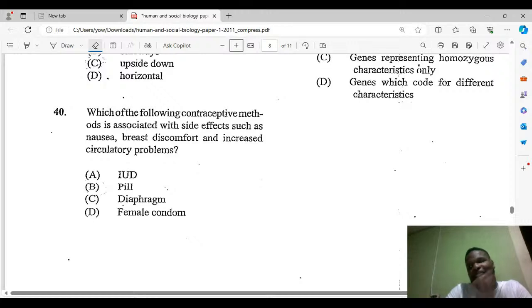It's a T-shaped device, it looks like a hammer, basically, placed up through the vagina. There are not many side effects there. The pill is the one with a whole heap of side effects, because the pill contains a lot of hormones, and if you have too many hormones, it's going to affect you.